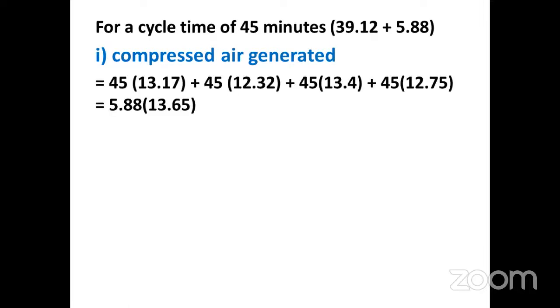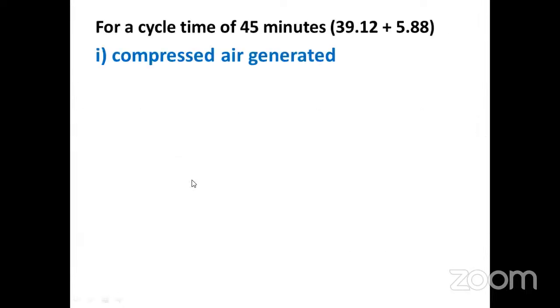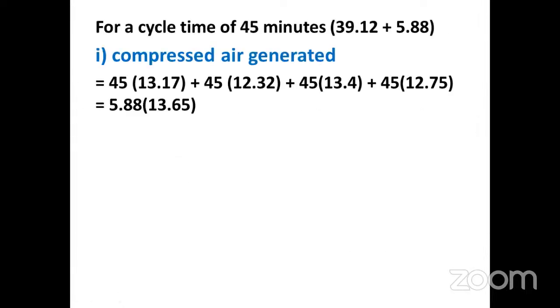Compressed air generated is equal to everything we are multiplying, sir. 13.17 multiplied with 45 minutes, 12.32 multiplied with 45 minutes. Everything is multiplied with 45, whereas the last one is multiplied with 5.88 minutes only.